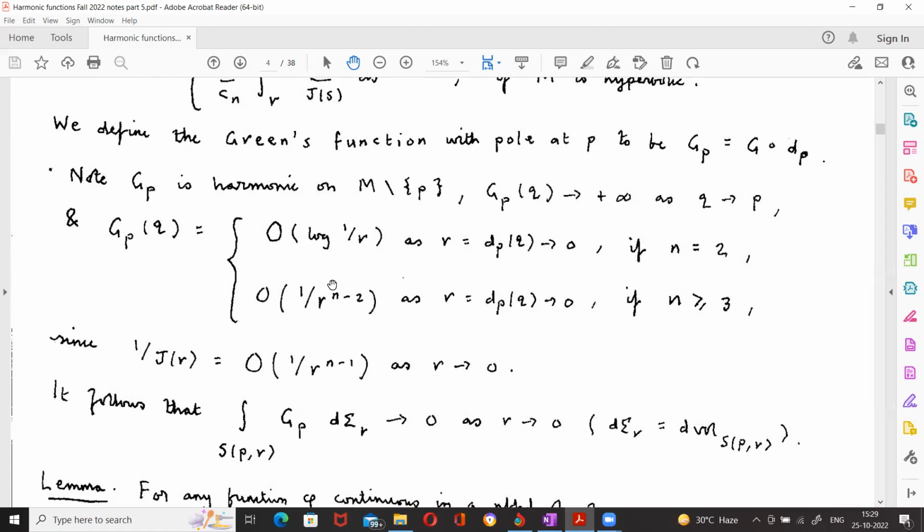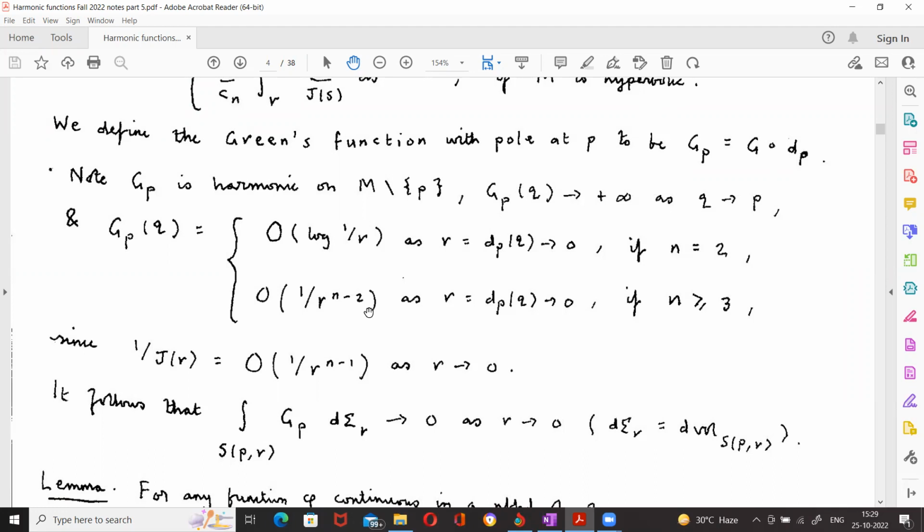Okay. Is that all right? Yes. Okay. You just take out the sup norm of GP from this integral times the volume of the R sphere. So the sup norm is bounded by a constant times 1 over R to the n minus 2. And then you multiply by the volume, which is bounded by a constant times R to the n minus 1.